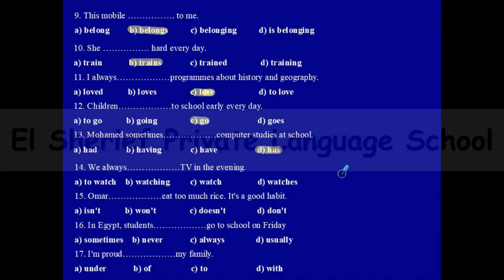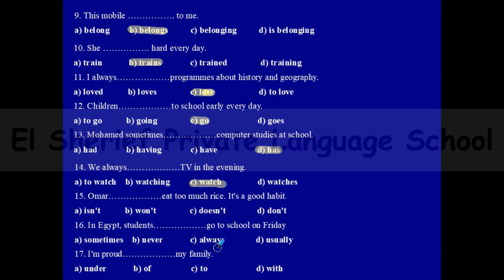And number 14, we always space TV in the evening. We can say that we is a plural subject, and we can say that we always watch. Yes, great. Number 15, Umar space eat too much rice. It's a good habit. So here we can say Umar don't, doesn't, want, or isn't.